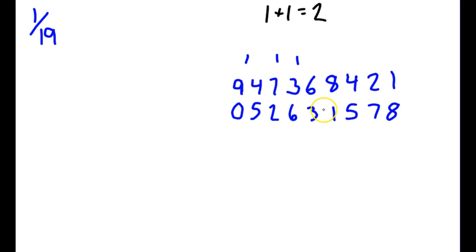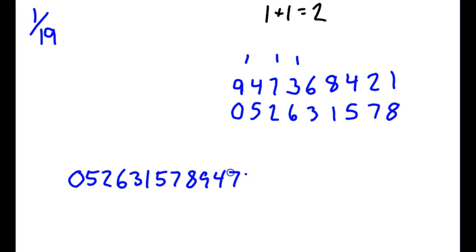So now I'm going to combine both of these rows, which is going to get us 0, 5, 2, 6, 3, 1, 5, 7, 8, 9, 4, 7, 3, 6, 8, 4, 2, 1. And that is the decimal value for 1/19. This is going to be the part that repeats.